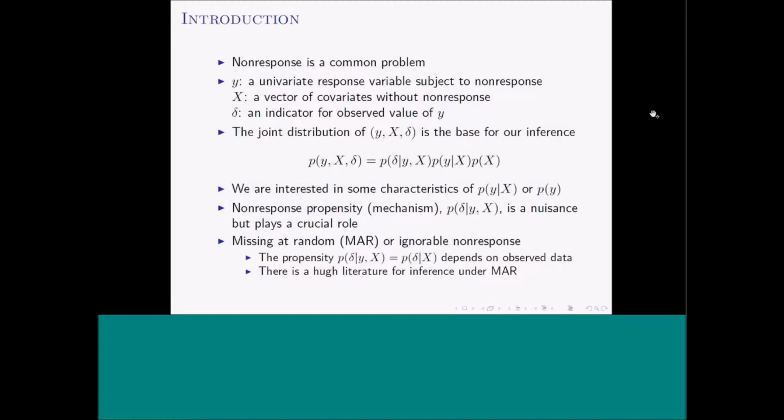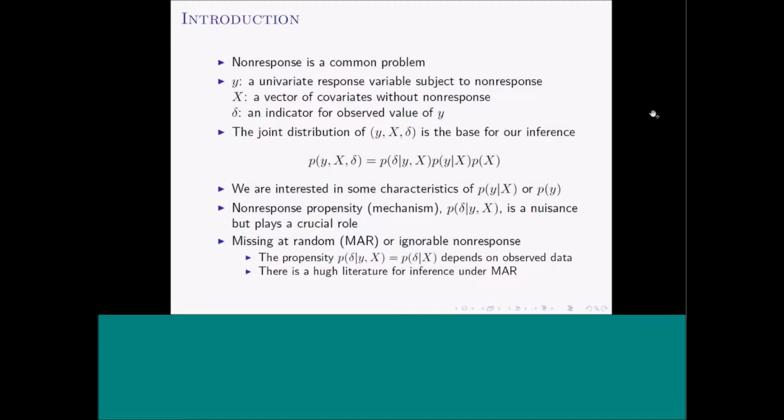As I said, this is the simplest case. More complicated cases are where y itself could be multi-dimensional, or x itself has some kind of missing value. But for this presentation, I will concentrate on this special case.